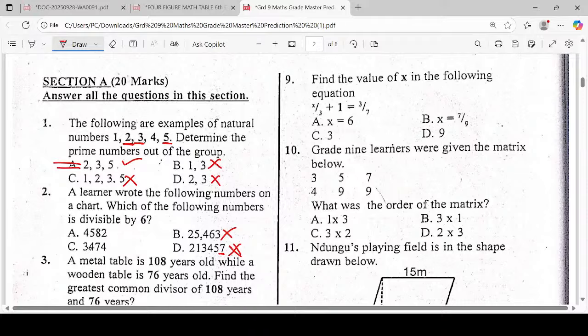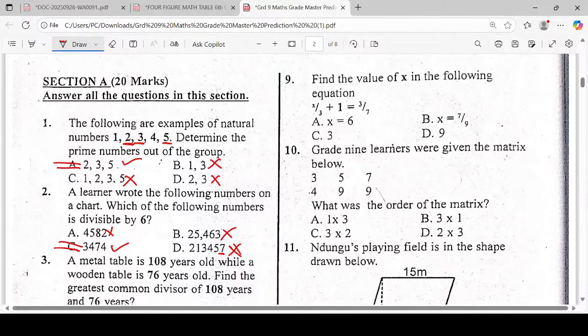When you do the confirmation, I want to be very particular between A and C. Which number is divisible by 6? You realize the correct answer is C for cat, learners.